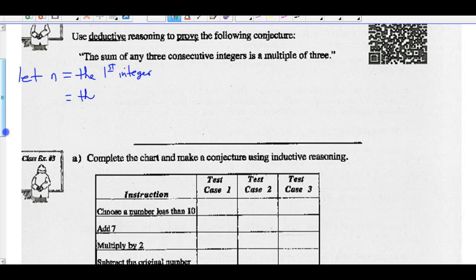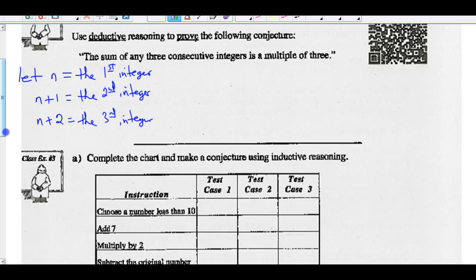Therefore, what variables would the second and third integers be? If they're consecutive integers, if n is the first one, the second integer should be n plus 1, one more than the first. And the third integer should be one more than the second one, so n plus 2.